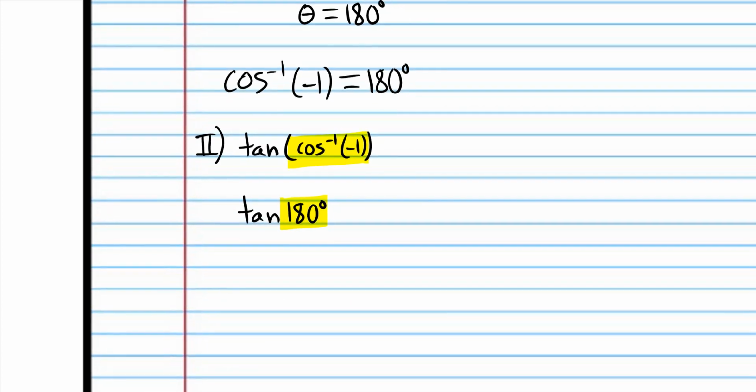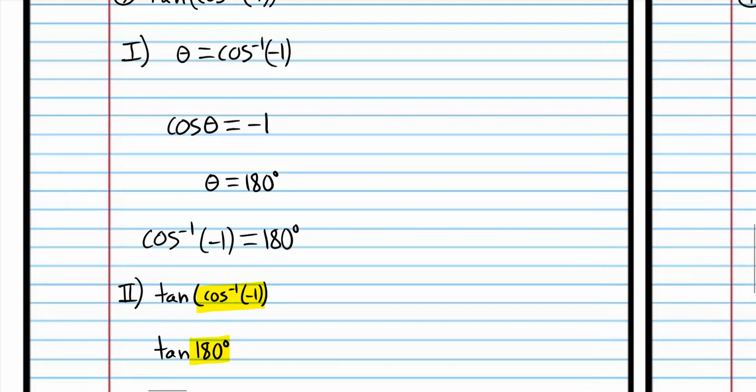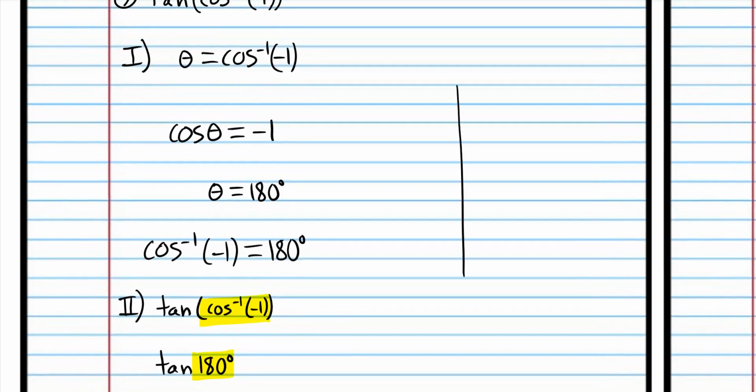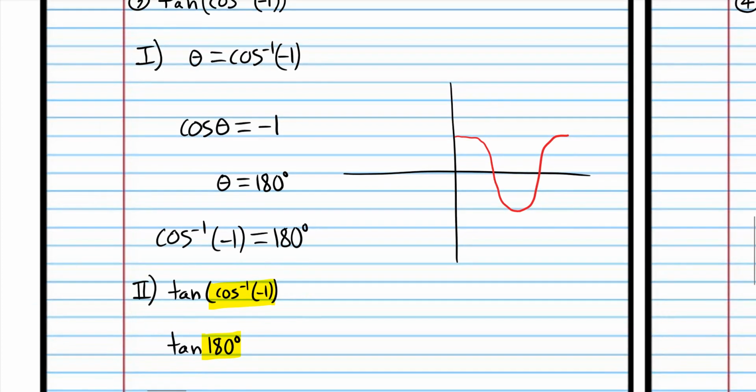So now we have to go to the tangent curve. And by the way, we can actually draw this curve if you want to see it. So cosine is -1 here at 180 degrees.